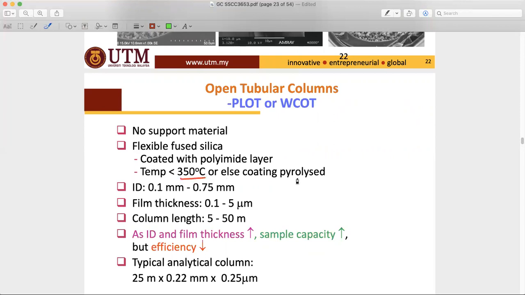So whenever you use PLOT or WCOT, you need to pay attention to the maximum temperature. You need to make sure that your oven does not exceed the maximum temperature.